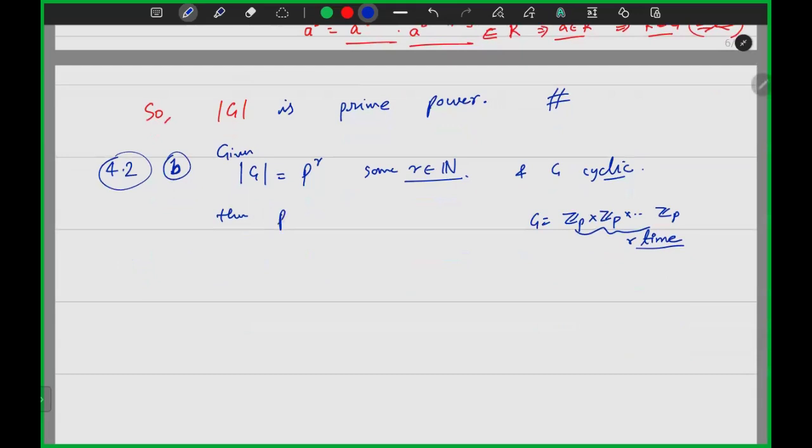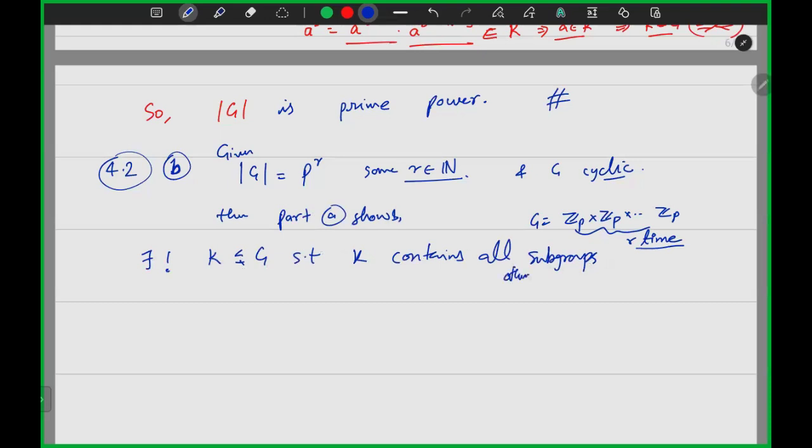from part A, there exists a unique K of G such that K contains all other subgroups properly.